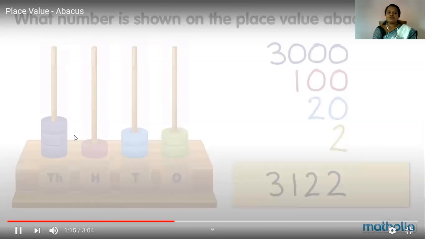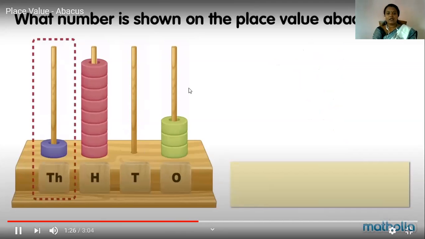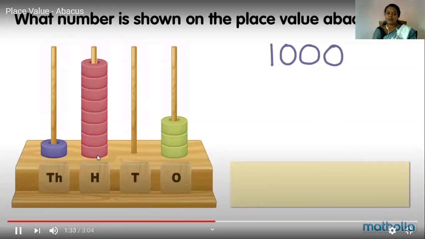Yes. So now we'll move on to one more example. So here we have, in the first spike, that is the thousands place, one bead. So the value would be 1000. Same in the second place, that is the hundreds place, there are 8 beads.